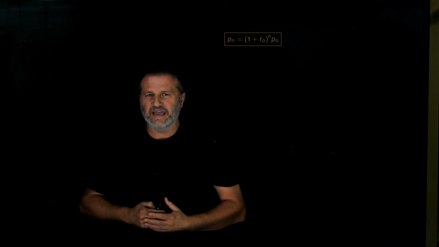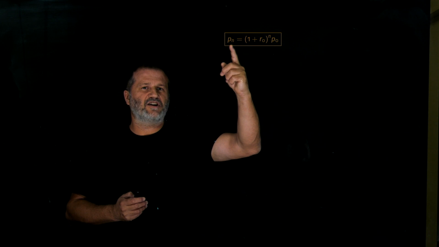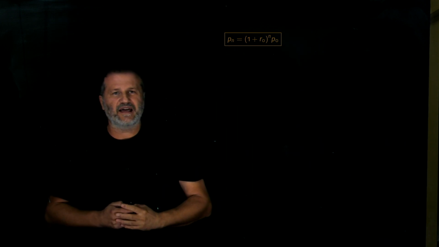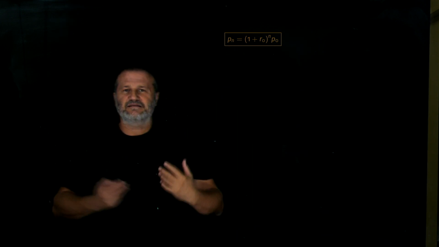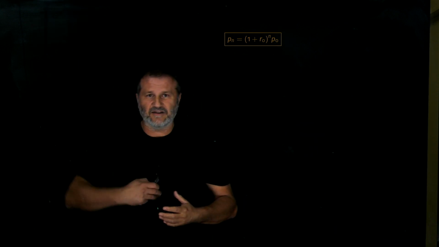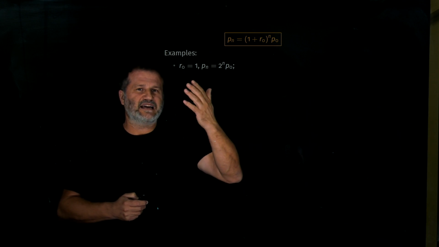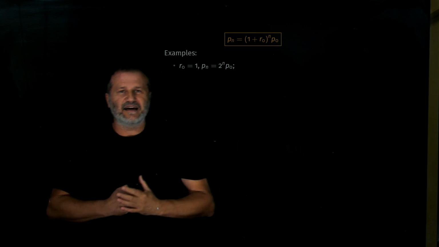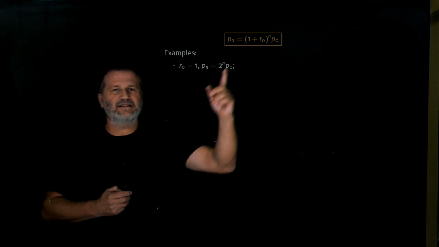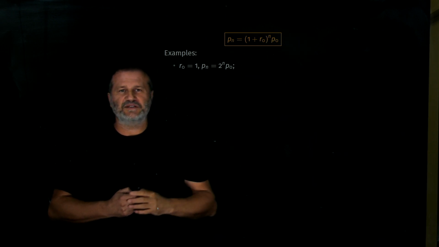From this formula, we have main information. First of all, we have the dependence of Pn on n, and we can see what happens to this quantity in time, when n goes by. For example, if you take R0 equal to 1, you get 2^n times P0.